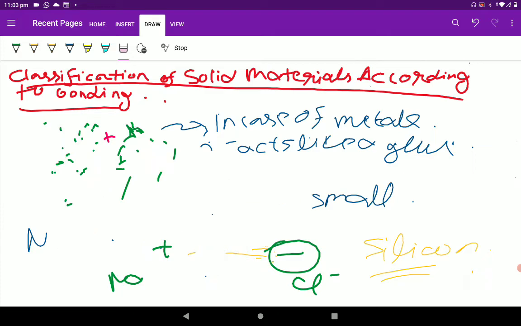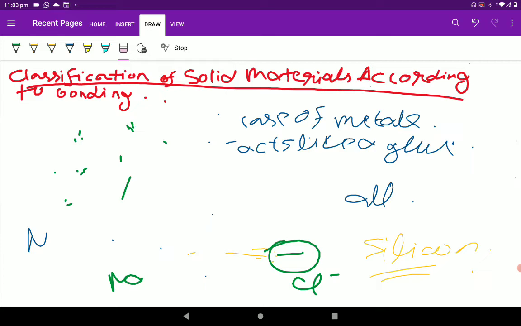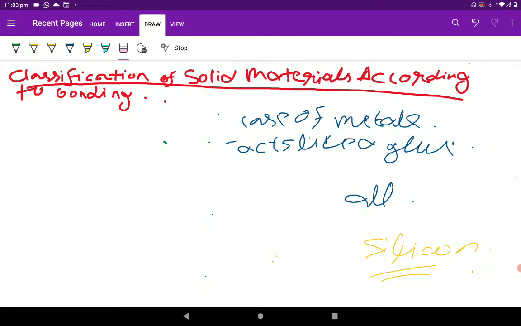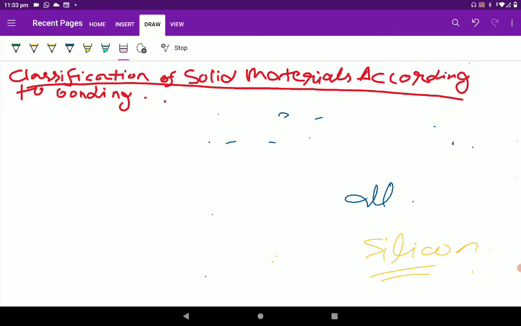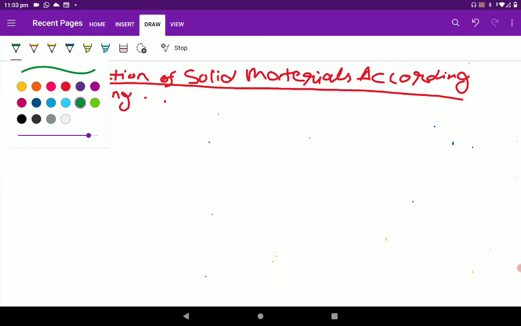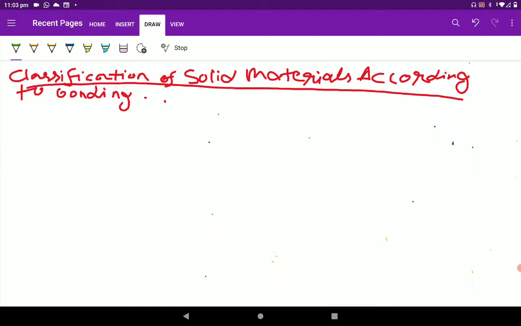So they can be represented in a similar fashion like this. I think I created a mess here. Cool. So I can represent the noble gas crystals in this fashion.